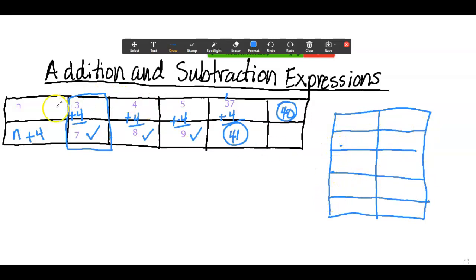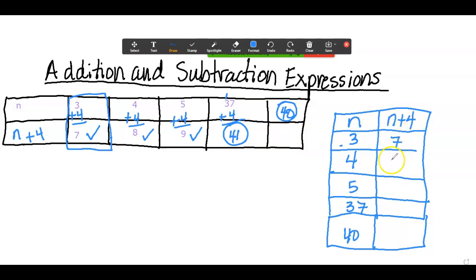The top row would be your first column, so these values would be here. And then the bottom row would be your second column: N plus 4, 7, 8, 9, 41, and I think that was 44. Whether it's horizontal or vertical, it means the same thing. So you'll see both of those today.